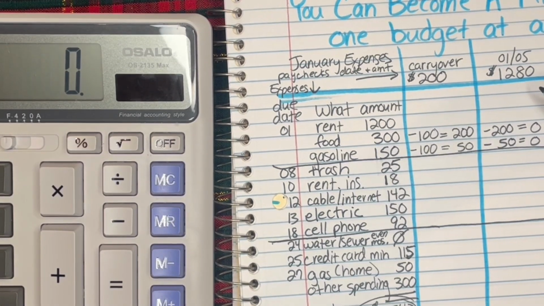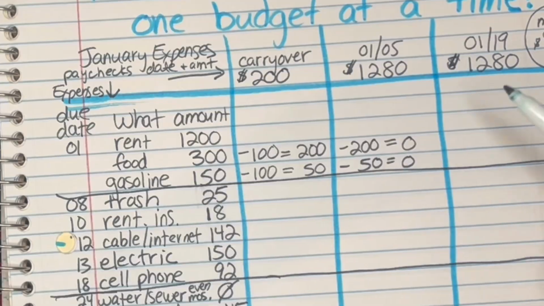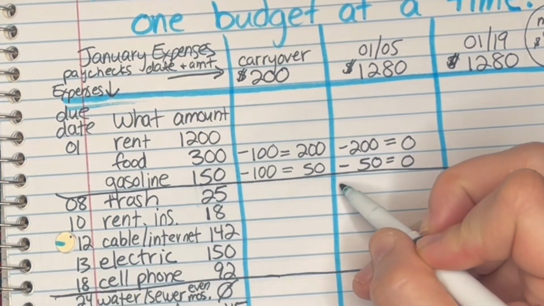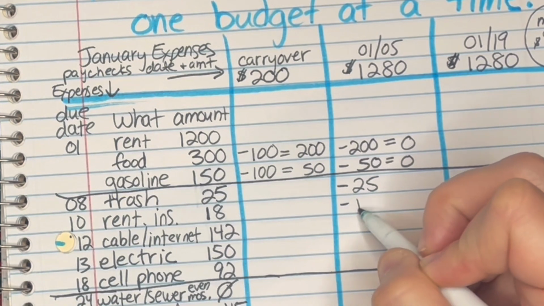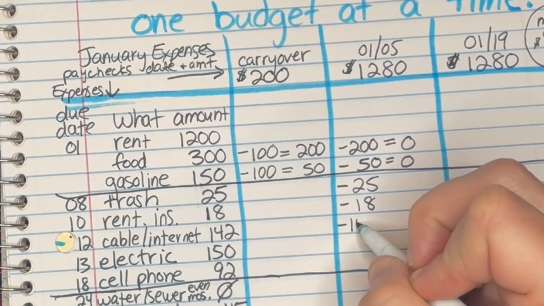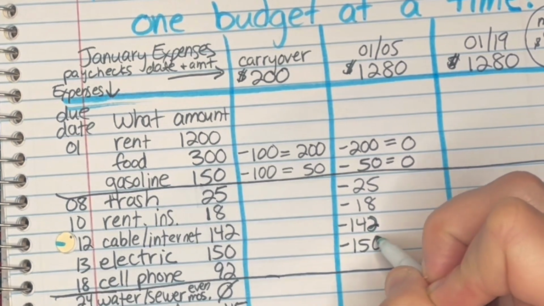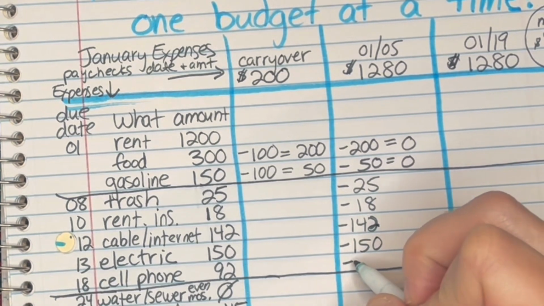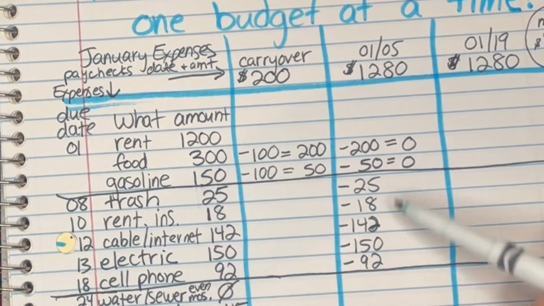Now on the 5th, we get paid $1,280. We've taken out $200 for food, and $50 for gas. That leaves us with $1,030. So our next bills will be the trash, and then renter's insurance, and then our cable internet bill, and then our electric, and then our cell phone, and then let's see how much money we have left.